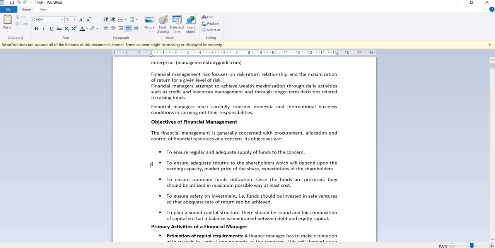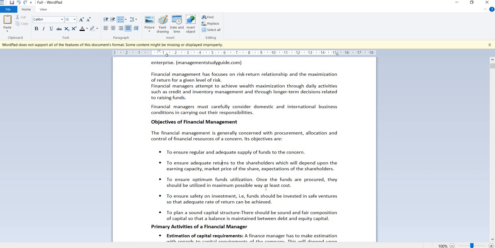So, not necessarily, sabi dito is adequate returns, not just returns. So, not necessarily if nagkaka-income ka, maganda na yun. Because when you do not give the shareholders an adequate returns, although you are earning, they may back off from your business.